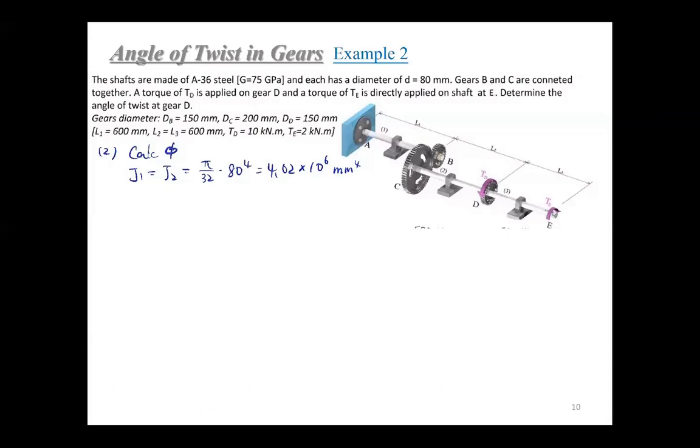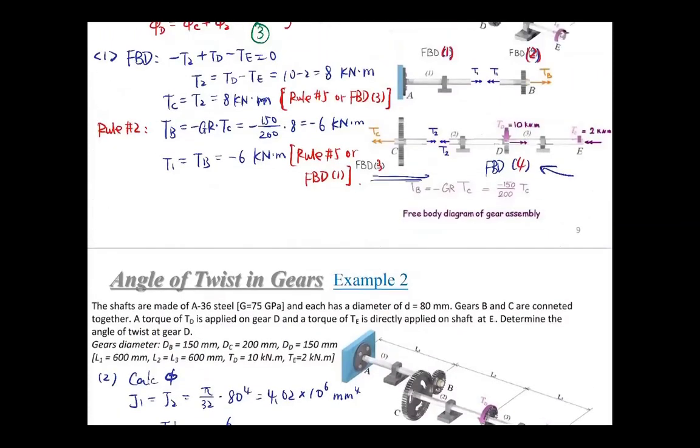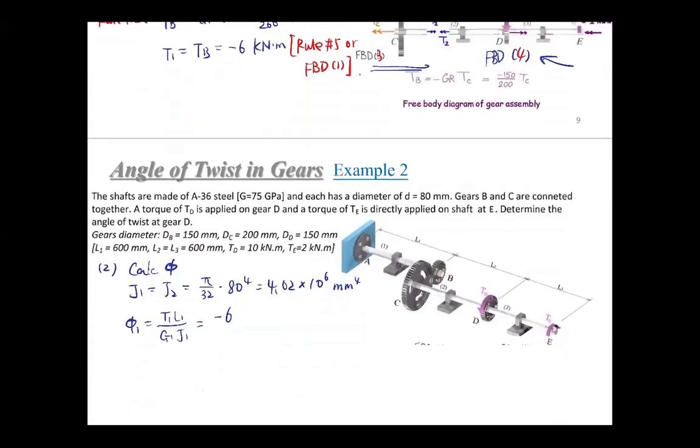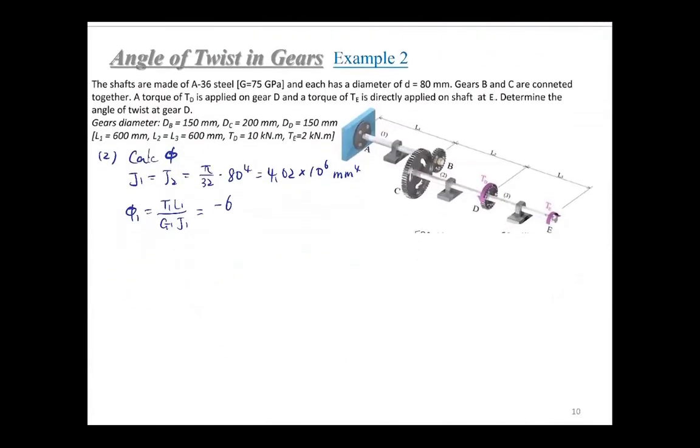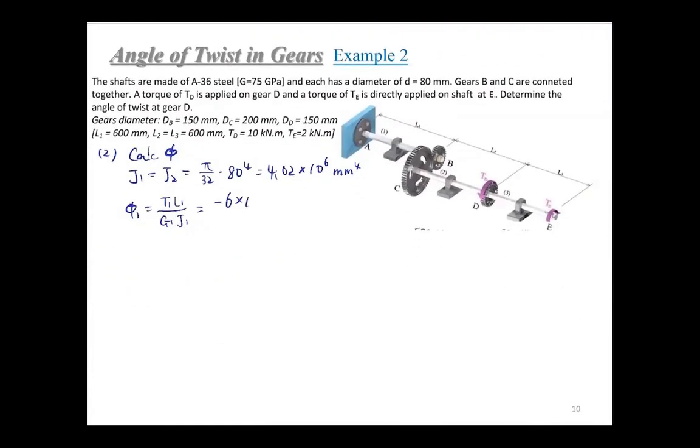Then we can calculate phi 1 and phi 2. Phi 1 equals T1 L1 over G1 J1. T1 is negative 6 kilonewton meter. I will use negative 6 times 10 to the 6 to turn it to Newton millimeter.